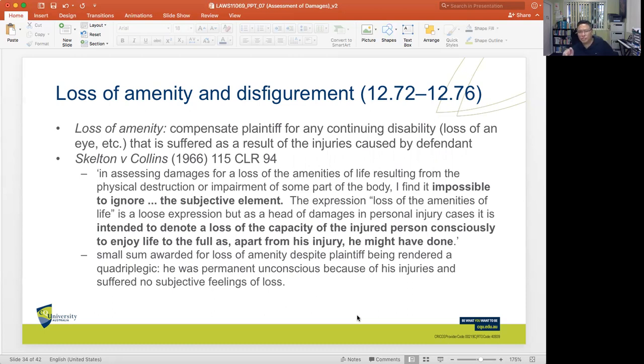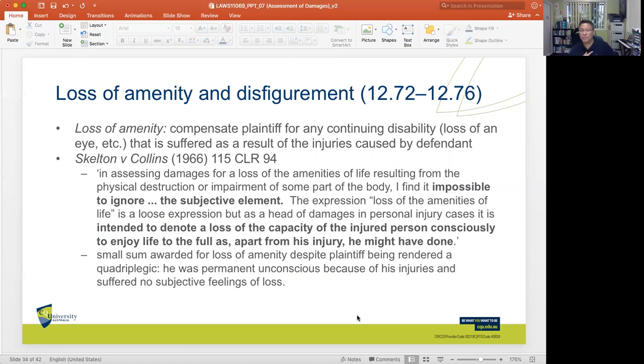The expression loss of the amenities of life is a loose expression, but as a head of damages in personal injury cases, it is intended to denote a loss of the capacity of the injured person consciously to enjoy life to the full, as apart from his injury, he might have done. But in this particular case, the plaintiff was permanently unconscious. So because he was permanently unconscious, the subjective loss would likely have to be less, right?